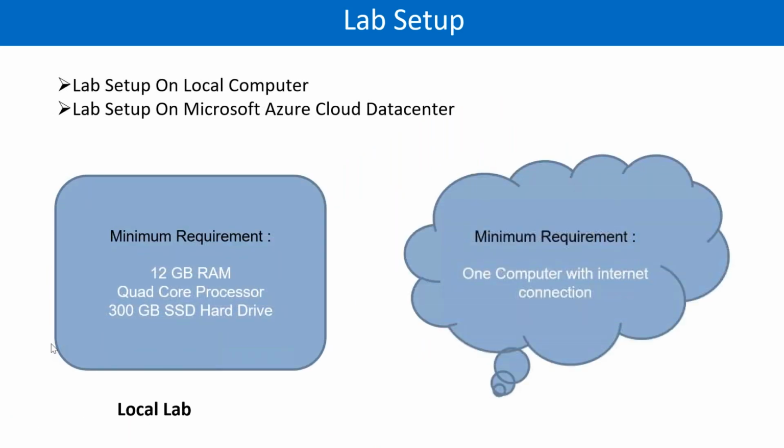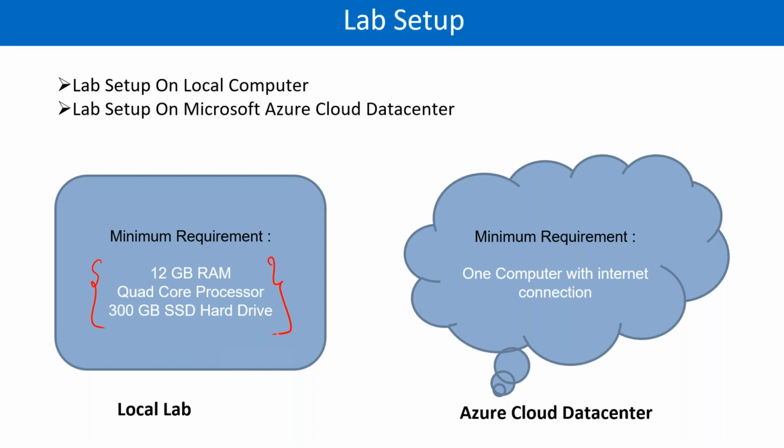Now when we go into the training from tomorrow onwards, every one of you will have to have an SCCM lab. Either you set it up on your local laptop, or you do it in the Azure cloud data center. For a local laptop lab setup, you need a minimum of 12 gigabytes of RAM. This is the minimum requirement.